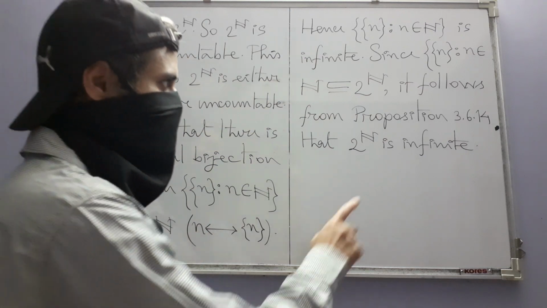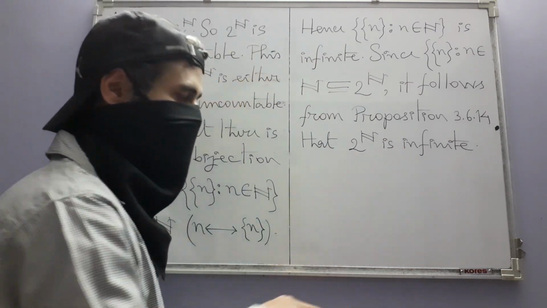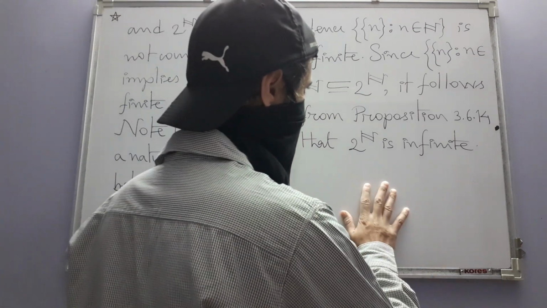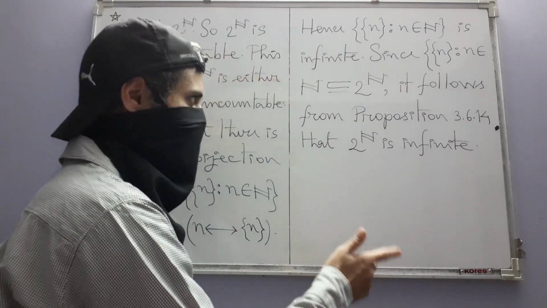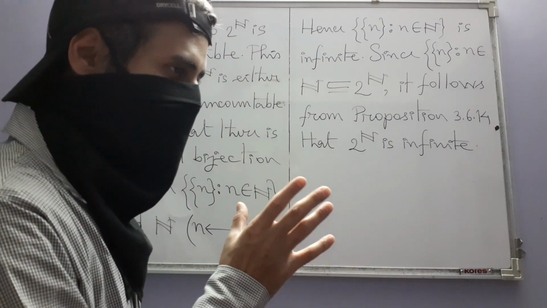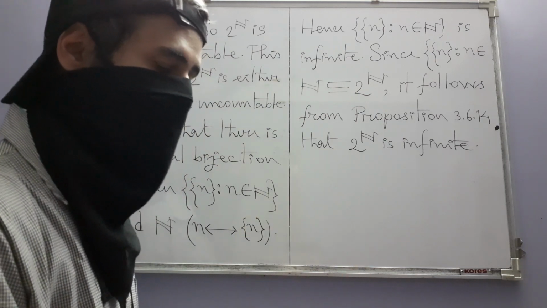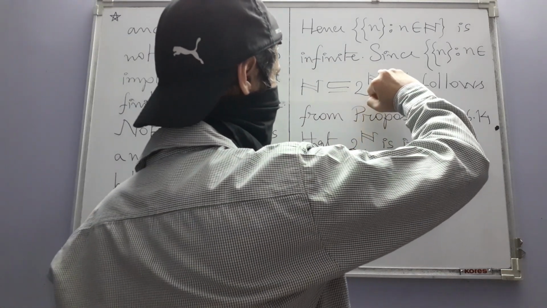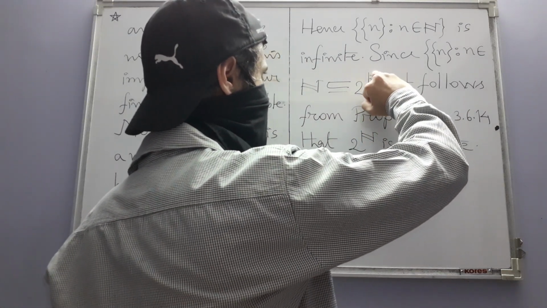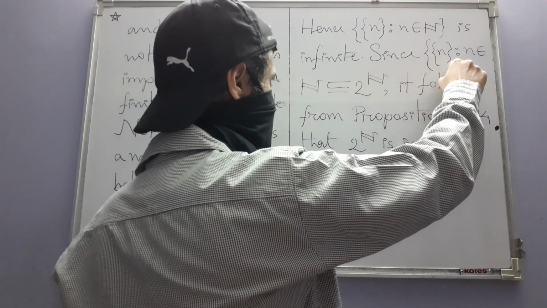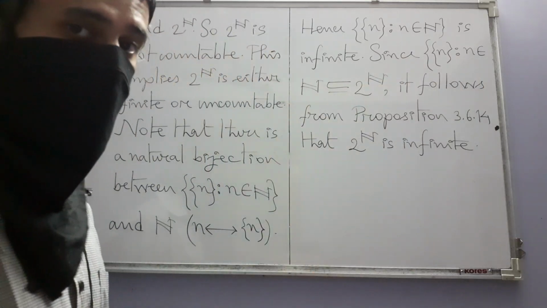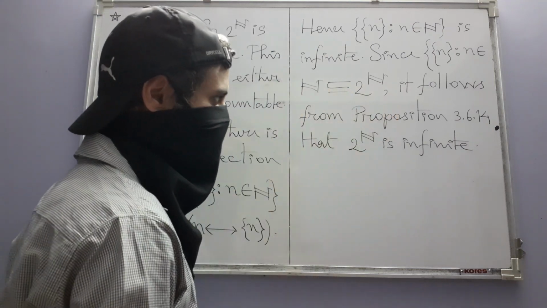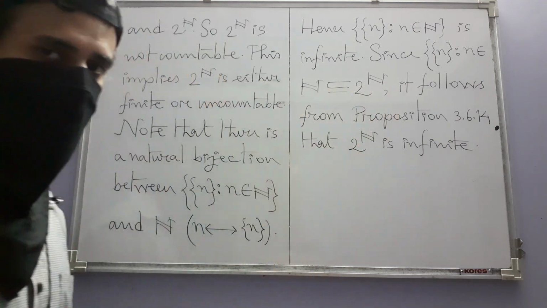Now by proposition 3.6.14, in fact it has that many parts. One of them is being used here. One of them says that a subset of a finite set must itself be finite. So had the power set been finite, this would have been finite by that proposition, but it is not. So the power set cannot be finite, so it's infinite by definition.